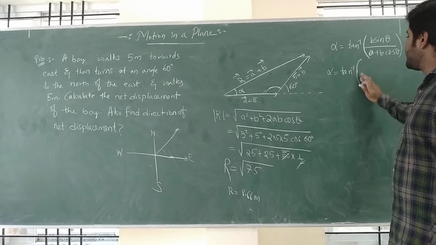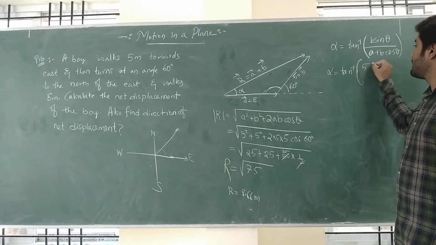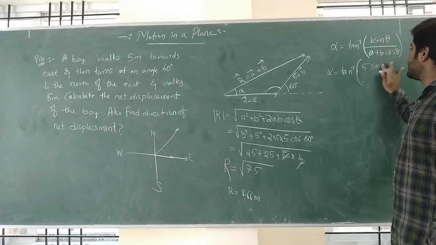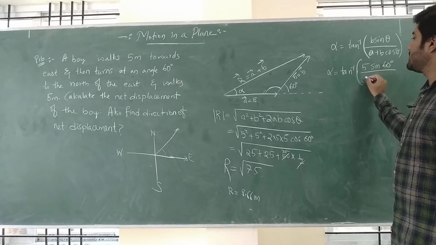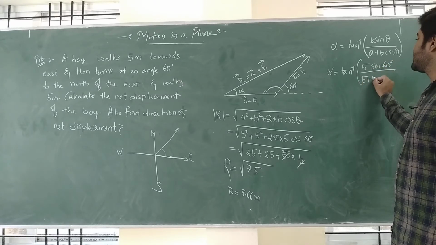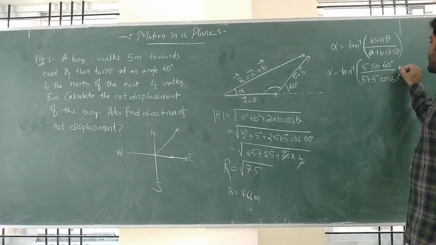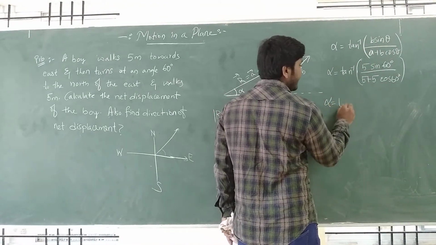Now tell me what is b? b is 5. 5 sin theta. What is theta? 60. Sin 60 degree divided by a, which is again 5, plus b, which is 5 cos 60. Correct?